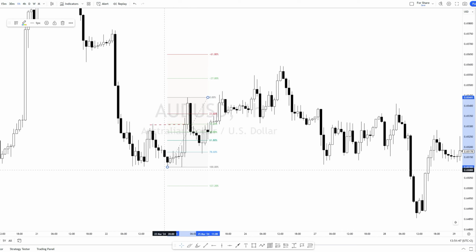Once you have the AB leg, when you see the market is already retracing down, you draw the Fibonacci, okay? When the price is very strong, it usually hits only until 23 and then goes higher, or 38 and then goes higher. But I prefer to only enter a trade when the price hits at least 50%.